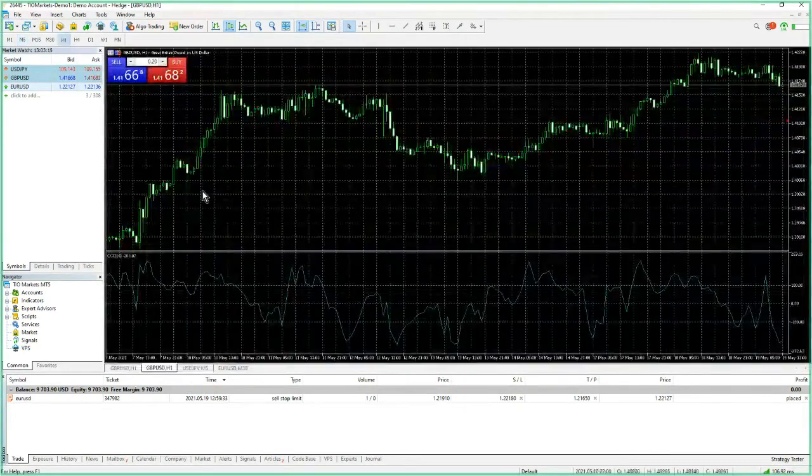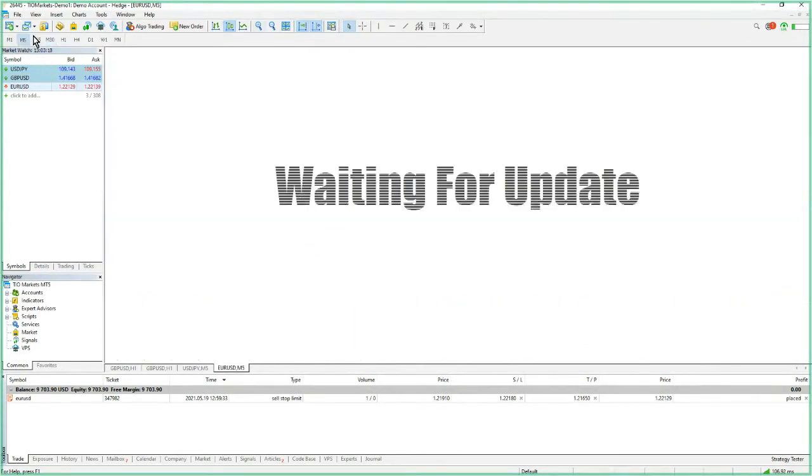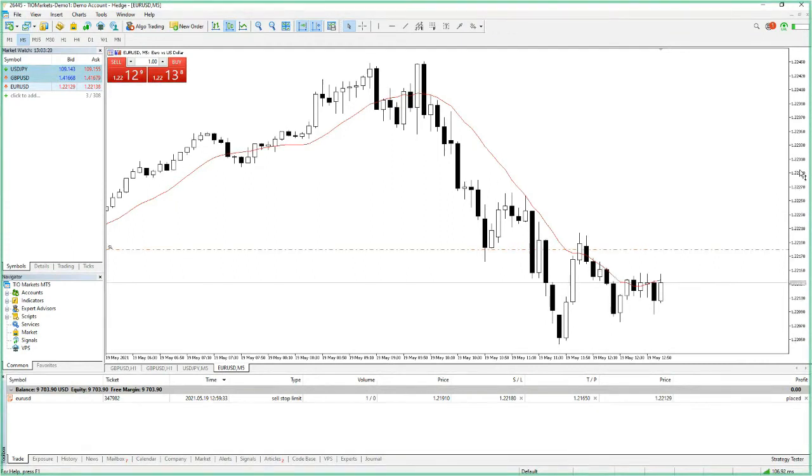Now with this Euro USD, let's go and see the 5-minute chart. Let's say that somebody was saying that he believes the market might be going higher.